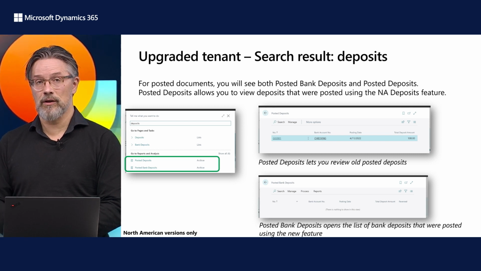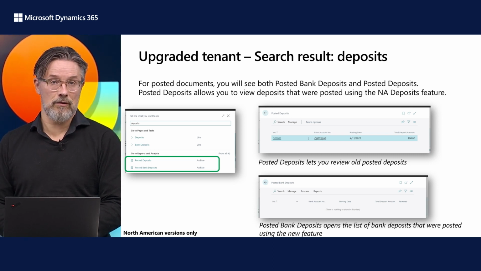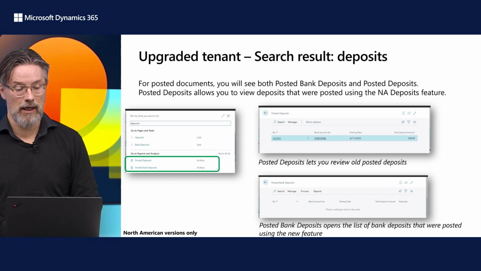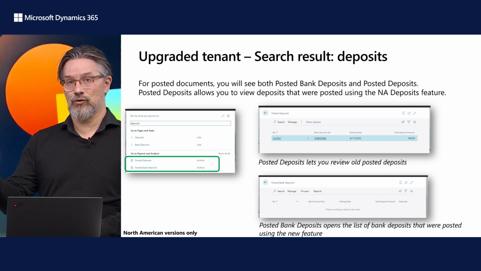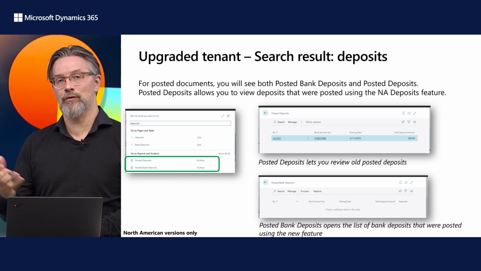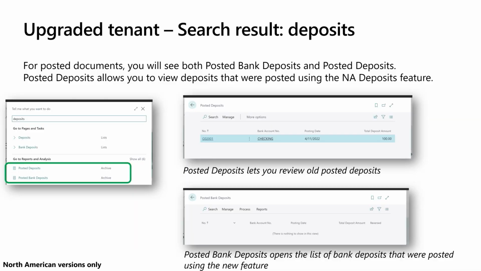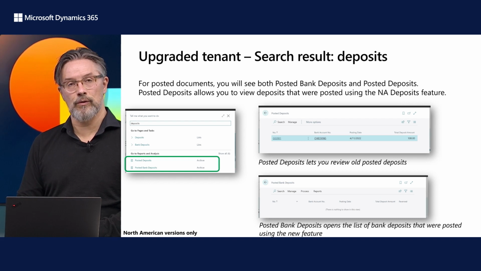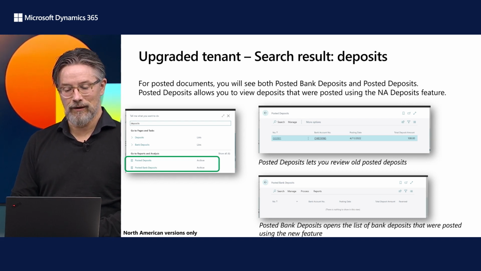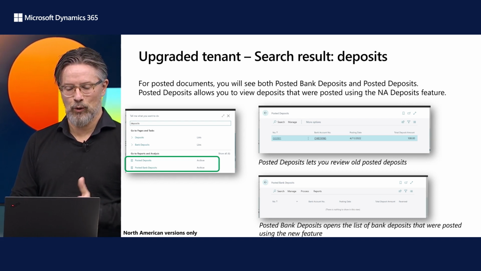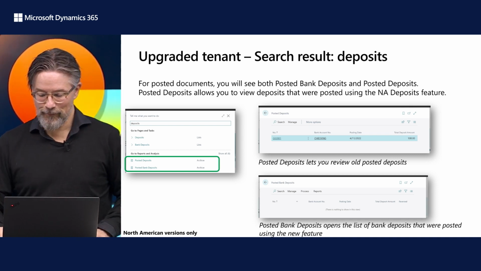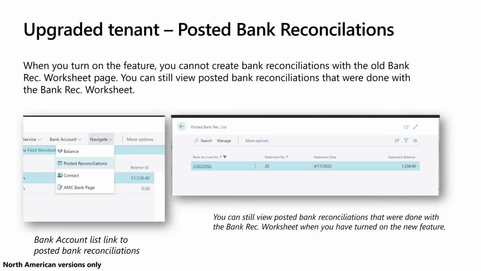Maybe you need to review it for audit or internal controls, or just checking. You will still have access to your data that you created using the old features. And obviously, the new feature, if you click that, will just take you to posted deposits, if you have any.